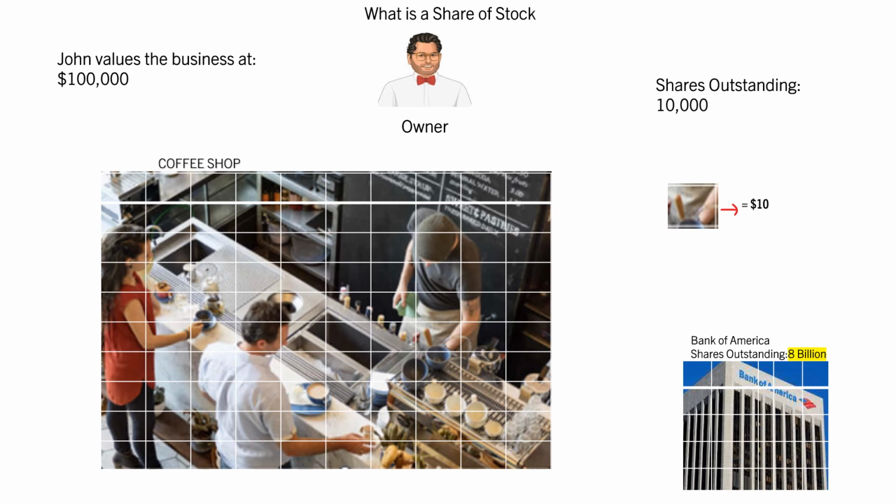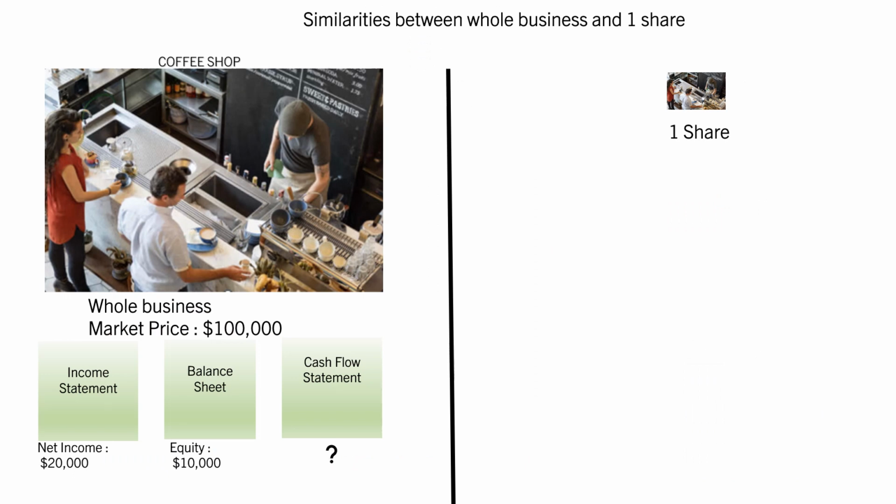If you look at a company like Bank of America, it has probably close to 8 billion shares outstanding. So that's how many pieces Bank of America is broken up into. And if you own one share, well, then you own one part in 8 billion equal parts of the company. So let's compare the terminology between a whole business and one share.